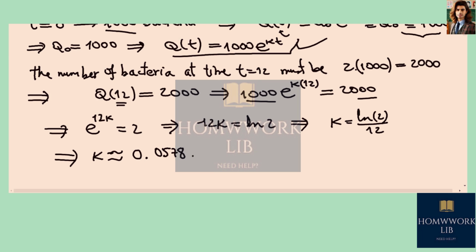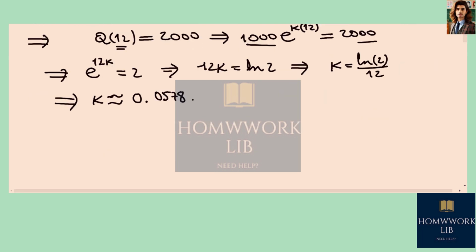And having this result, we can say that the exponential function q of t is then 1000 times e to the 0.0578 times t.